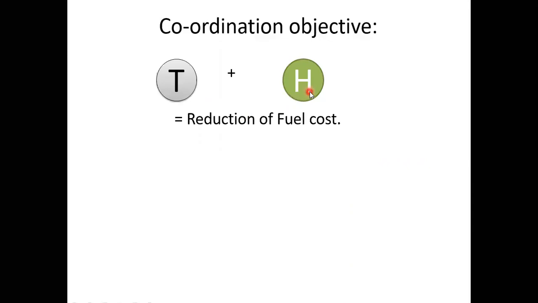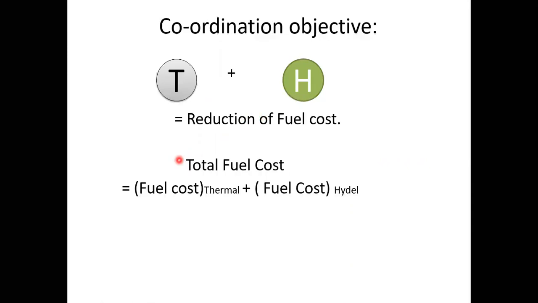So when you are taking two power plants, how can you write the fuel cost? The total fuel cost is nothing but the fuel cost of the thermal power plant and similarly the fuel cost of the hydel power plant. But the fuel cost of the thermal is very, very high, whereas the fuel cost of the hydel is negligible, or we can say zero.